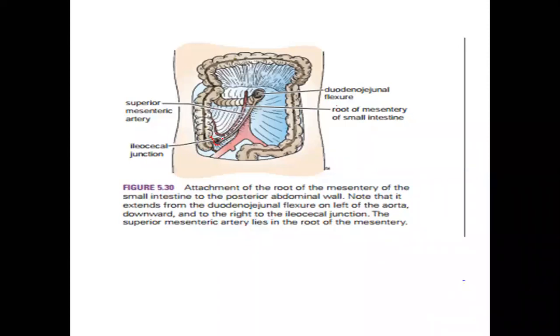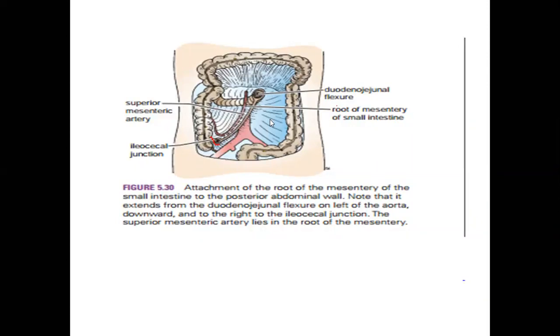The small intestine will turn into the large intestine at this area. This area of the small intestine where the ileum ends will convert into the cecum, that is the large intestine. The large intestine will begin from this side.